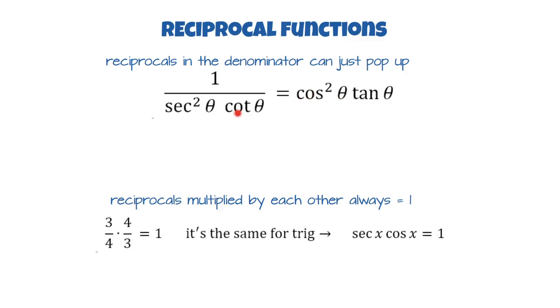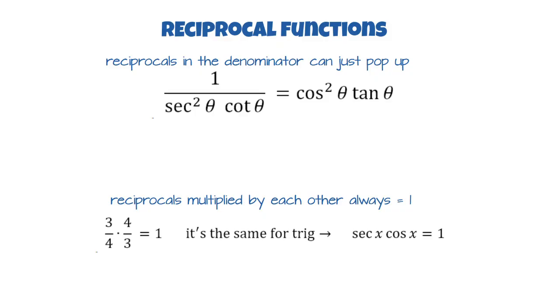If I have a cotangent in the denominator, I can just pop that up and call it tangent. That's a nice way to get rid of fractions without having to show me a whole bunch of work. That's the whole point of those reciprocals, is that if you just swap them, then they equal each other. Okay, now another hint on reciprocal functions.